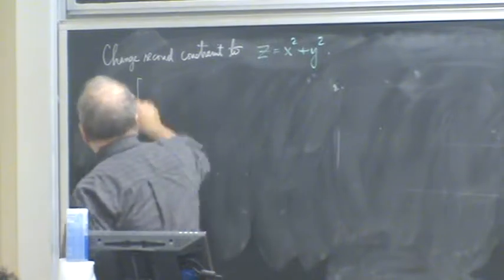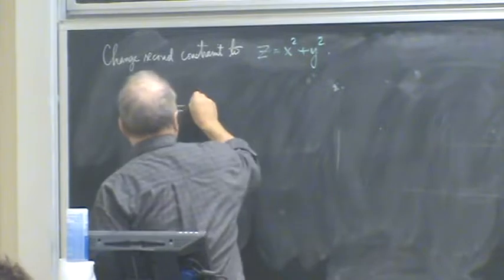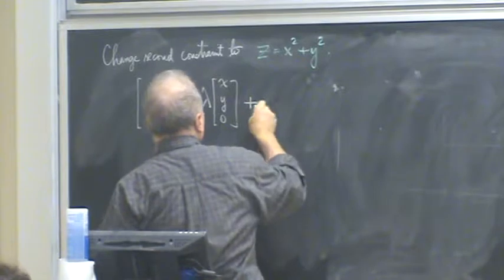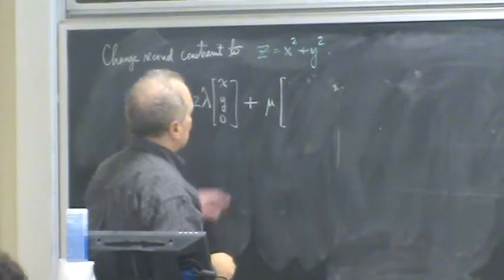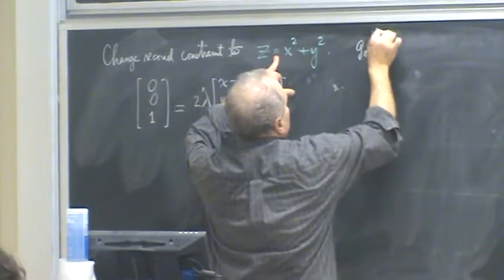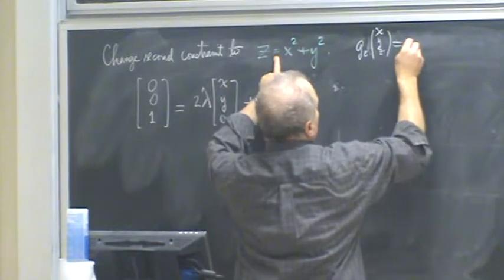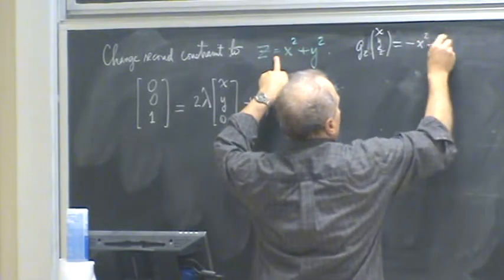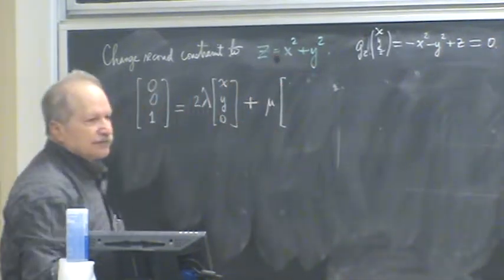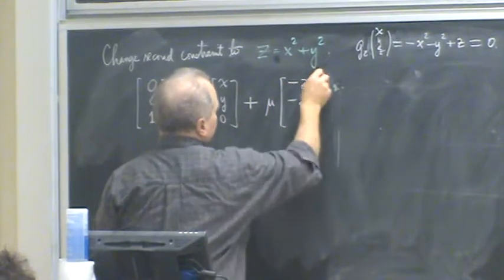So now I still want to do 0, 0, 1 as a combination of x, y, 0 with now the vector. Okay, so I have to rewrite my second function here as negative x squared minus y squared plus z equals 0. So I'll have negative 2x, negative 2y, 1.